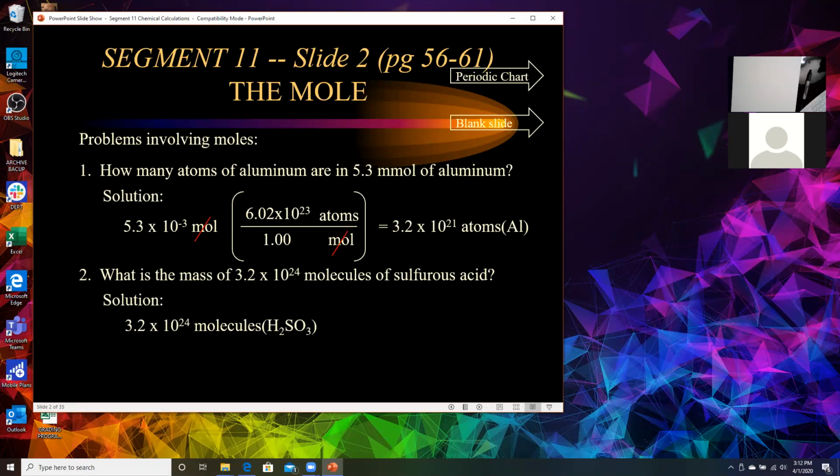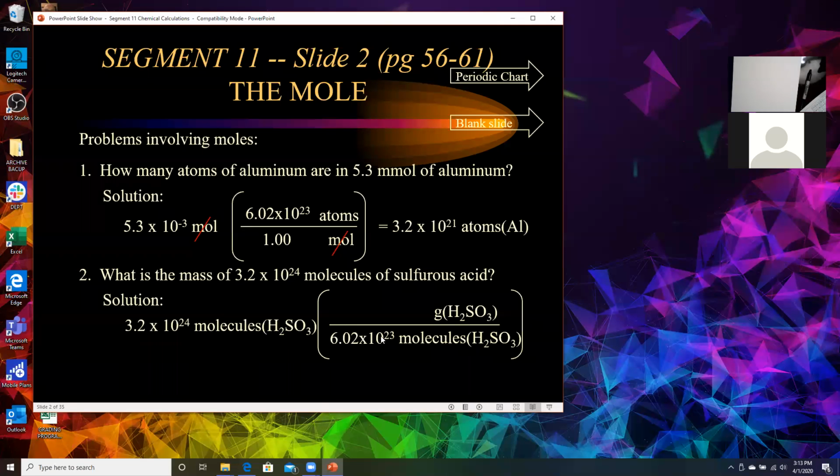Okay, let's set the problem up. The way we set up a problem, here is the given amount, and there's the unit that was given. We want to get rid of that unit, so we want to put molecules of sulfurous acid, formula H2SO3. And we want to then go to grams. And the question is, do we know a certain number of molecules for which we would know the mass in grams? Yeah, Avogadro's number.